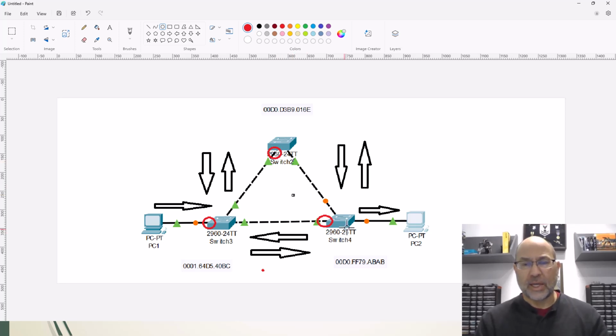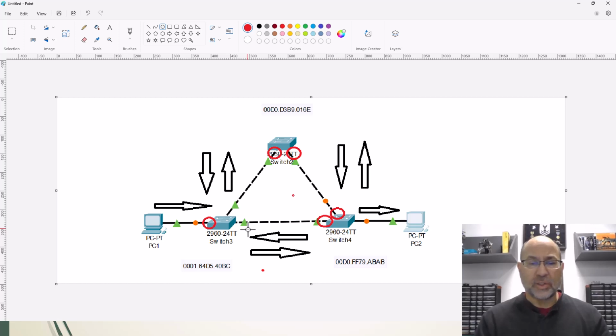Well, now the broadcast frame continues along, but now all of a sudden, switch 2 believes that PC1 exists right here because it's the same broadcast. Switch 2 would forward the same broadcast frame down to switch 4, and switch 4 would believe that PC1 exists right there. But it gets better.